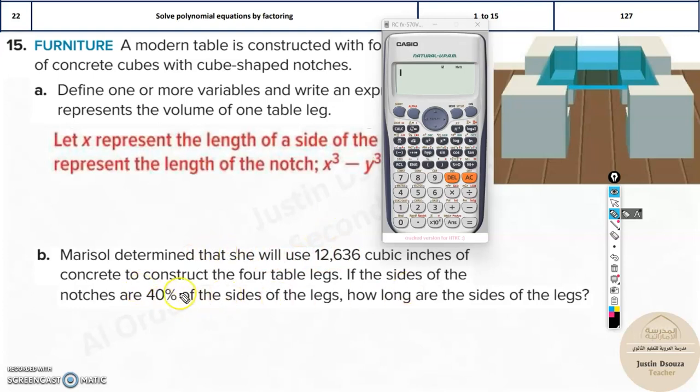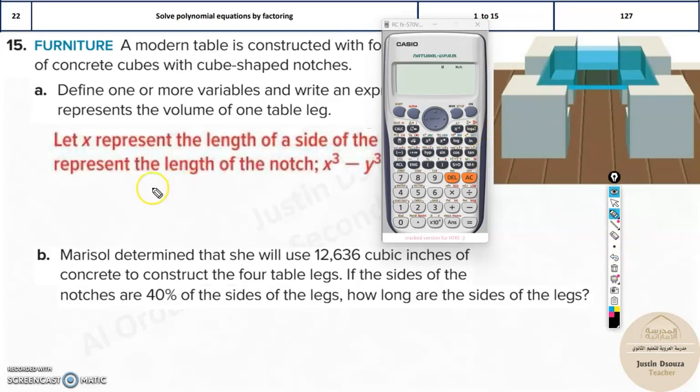They've told us the concrete cubes and the notches together for all 4 legs will be this much. The notches are 40%, that means 0.4 times. If the total length is 10, this will be 4.